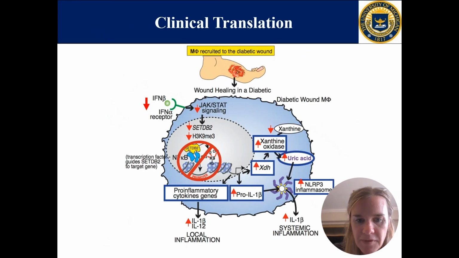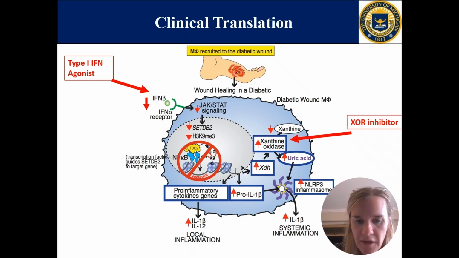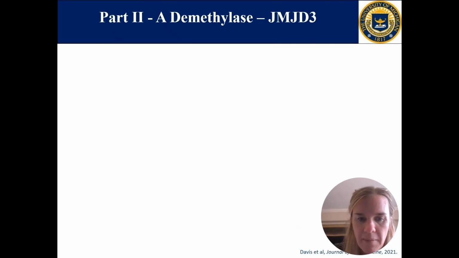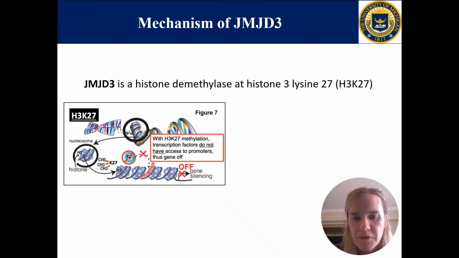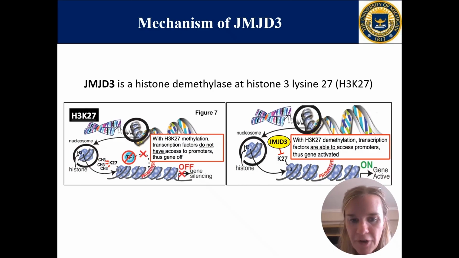Another enzyme, and this is just showing what we've talked about as ways to inhibit that pathway. Another enzyme that we've looked very specifically at is a demethylase. It's known as JMJD3. It essentially removes methyl groups and turns gene expression on. So it's basically going to be an activator.